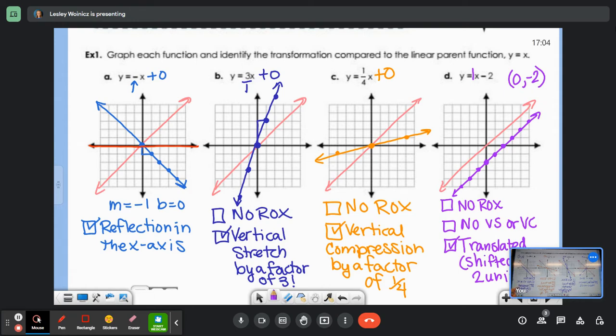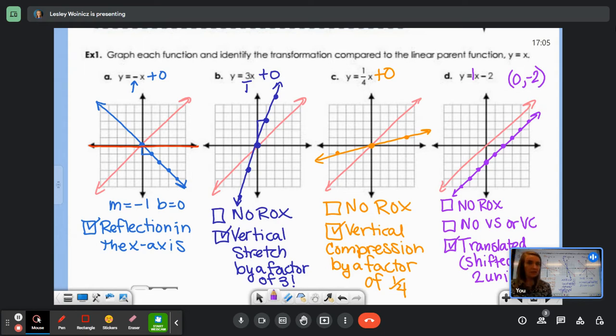Oops. I didn't mean to put my, okay, I messed that up. Your teacher probably could have done this better. There, shifted, translated. Okay, so those are the kinds of transformations that we're going to see.